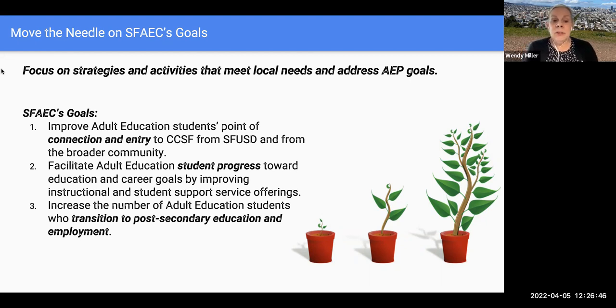And lastly, to increase the number of adult education students who transition to post-secondary education and employment. And you'll recognize that these are actually aligned with the guided pathways pillars that we also have adopted. Next slide, please.